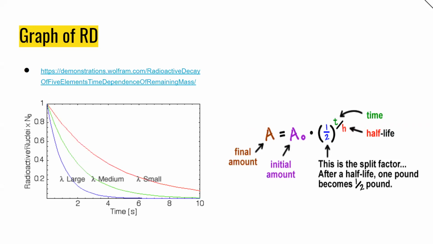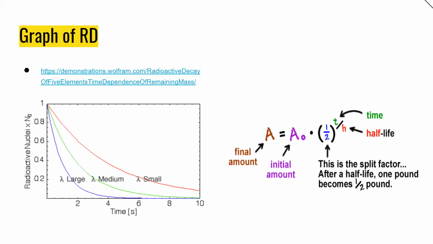This is a graph of radioactive decay. In the left picture there are three functions. The blue one, where lambda is the largest, the green one, where lambda is medium, and the rightmost one, where lambda is small.